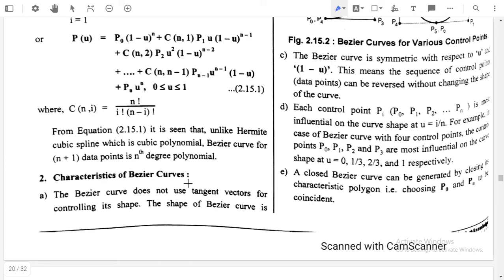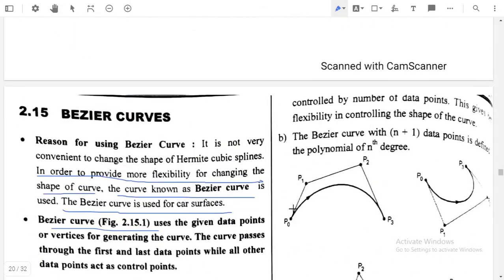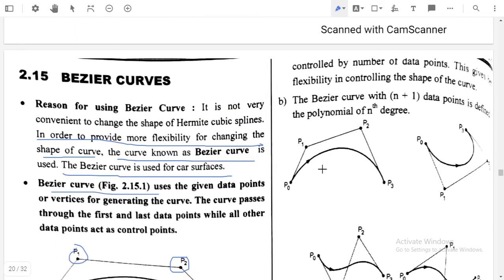Okay. So see here, the Bezier curve does not use a tangent vector for controlling its shape. The shape of the Bezier curve is controlled by the number of data points. See here in this image, this is the position of P0, P1, P2, P3, and this is our Bezier curve.